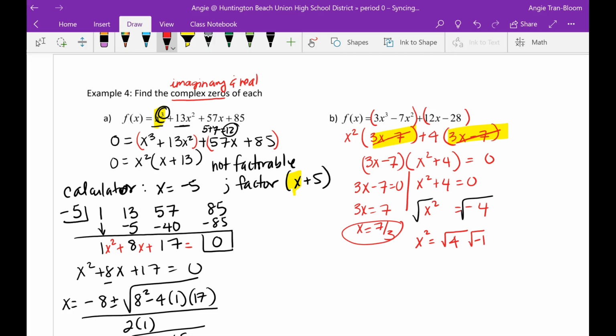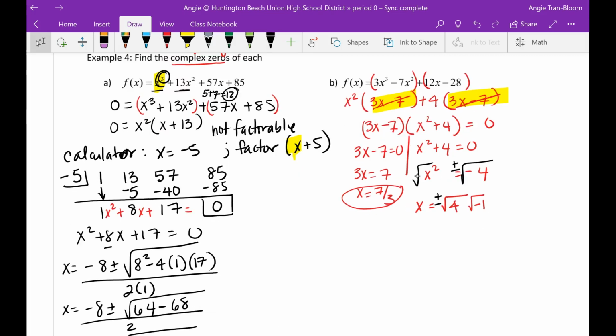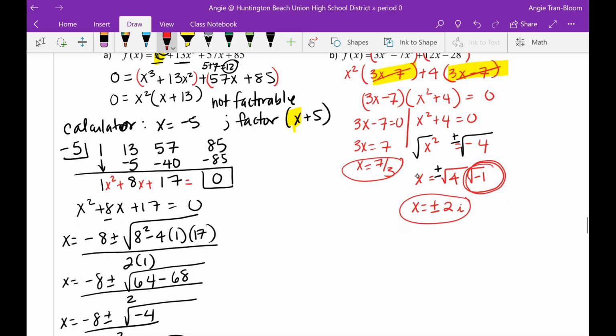Now, when you take the square root, I'm sorry, this should have been just x here. When you take a square root, make sure there are always two answers, okay? So go back and add plus or minus. Okay, so square root of 4 is going to be plus or minus 2. And square root of negative 1 is always what? i.